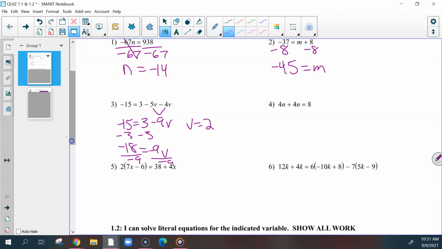If you got negative 2, you may have forgot the negative somewhere in there, but it should have been a positive 2. Yeah, and that's it. If they were on opposite sides, you would be adding or subtracting to move it.